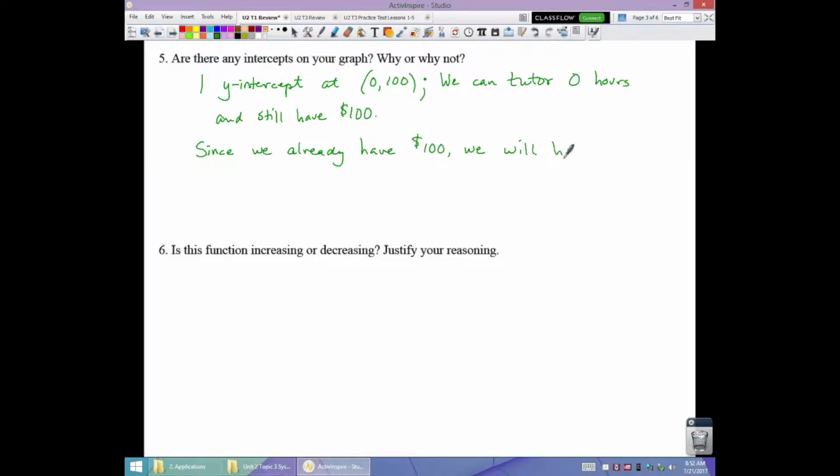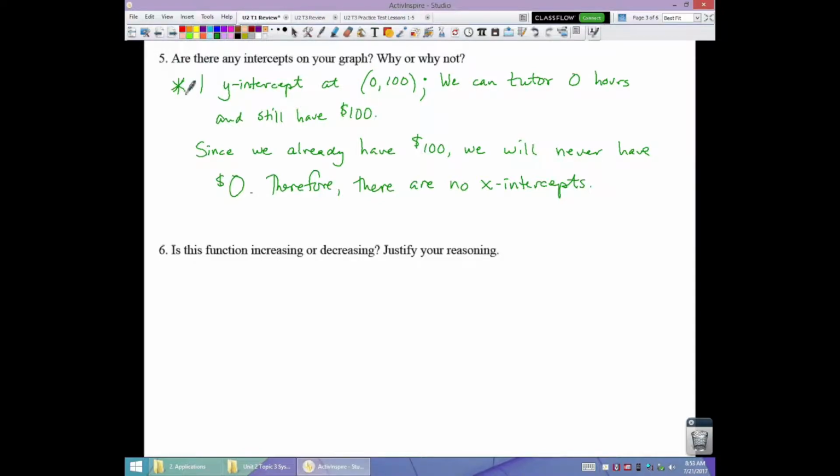We will never have $0. Therefore, there are no X-intercepts. Okay, the important part would be to say this, to identify the intercept that you do have and tell me why. Becomes even a better answer if you explain, though, why there are no X-intercepts.